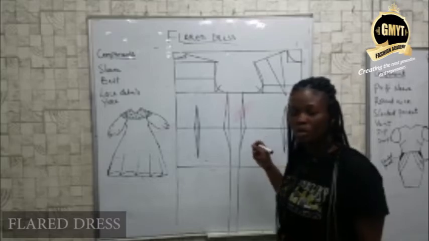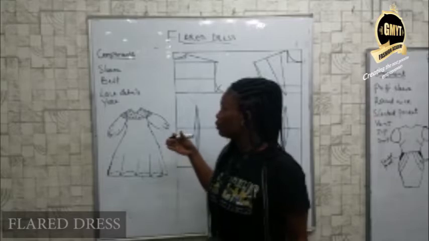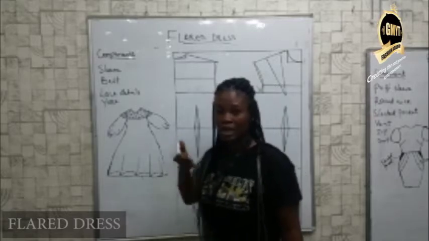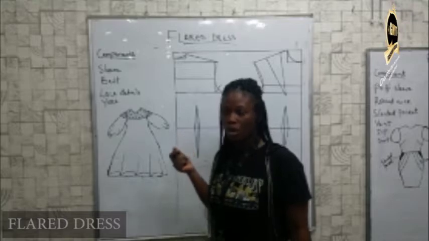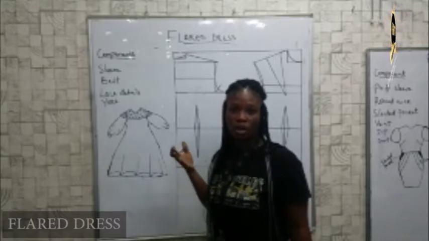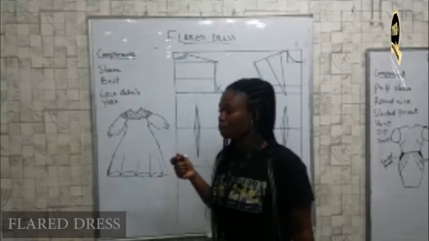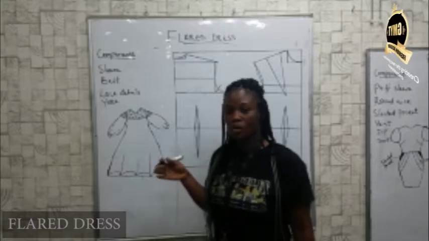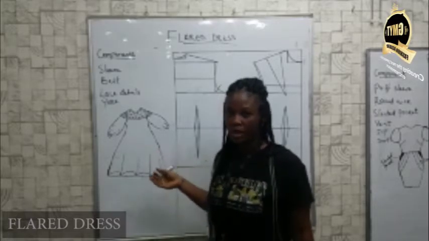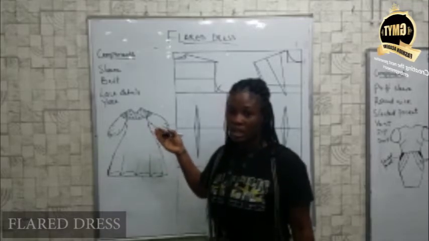When I say twist, maybe you want to make that part a well detailed design, or you want to use another color, you want to do color blocking, or you want to use another kind of fabric that is different from the main fabric you are using to sew your clothes. So that is why you have a yoke design.